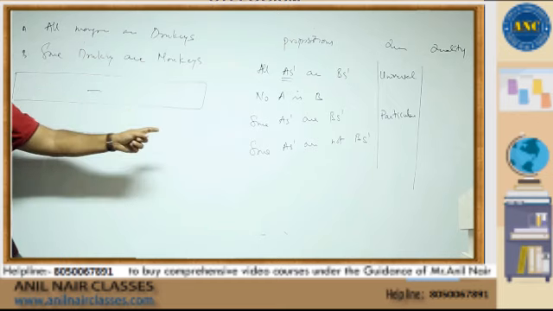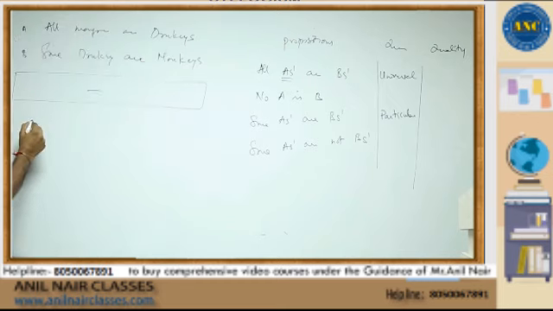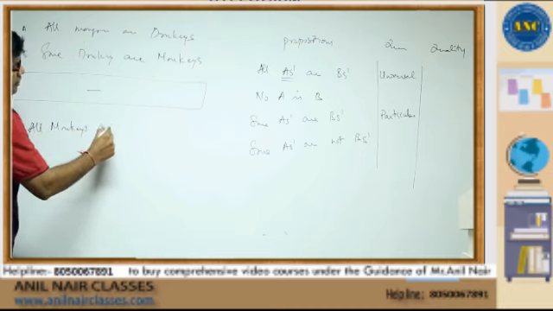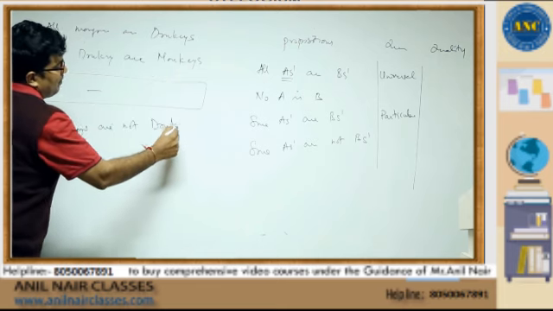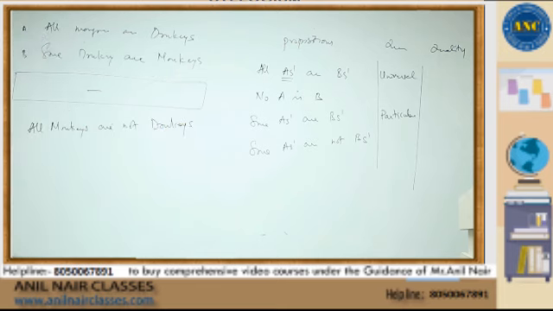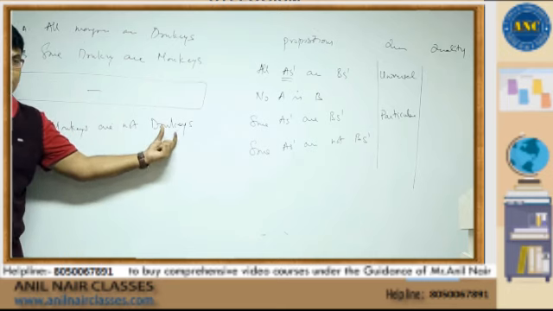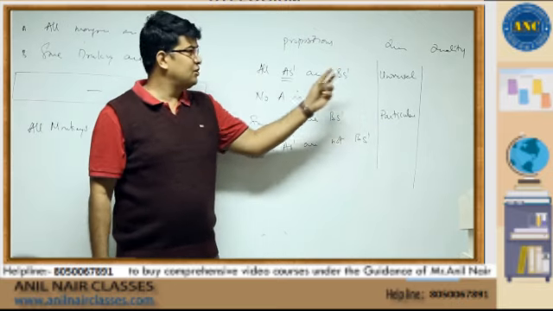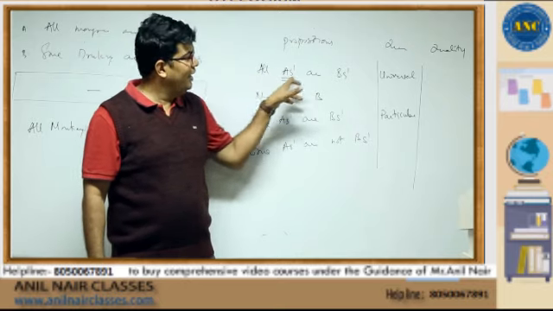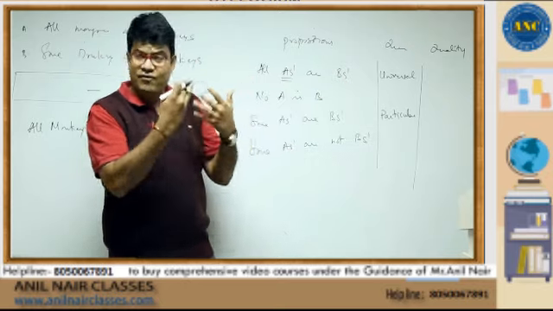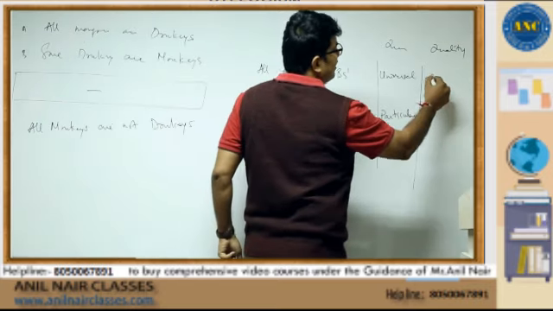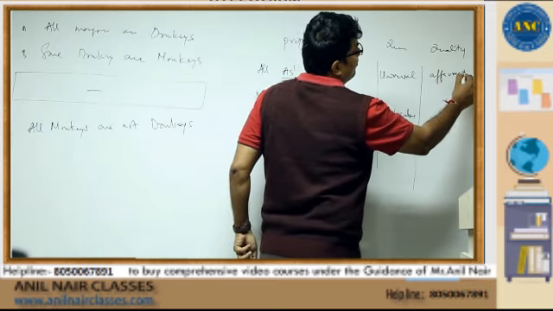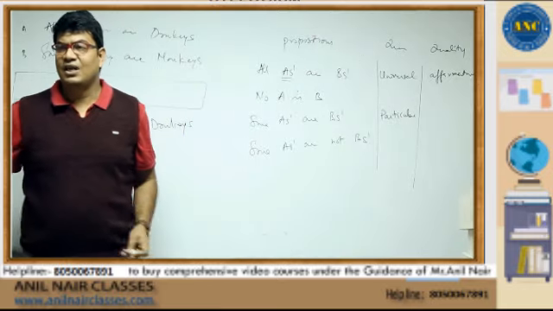So when I say some monkeys are not donkeys, or all monkeys are not donkeys, am I affirming here? No, I am negating something. So from now on, when I say all A's are B's, it's universal, and it's also confirming that all A's are B's. So we'll define such a statement as universal affirmative.